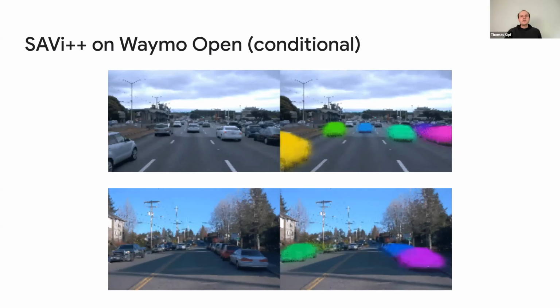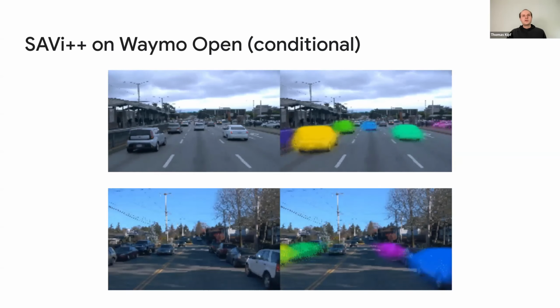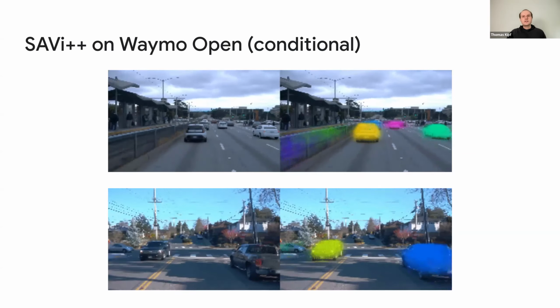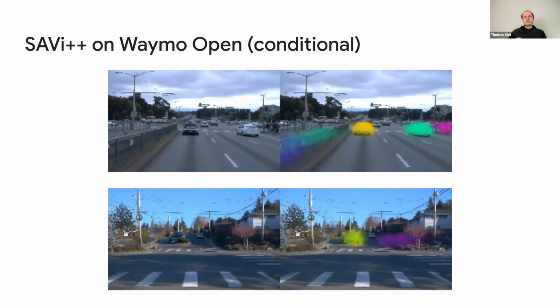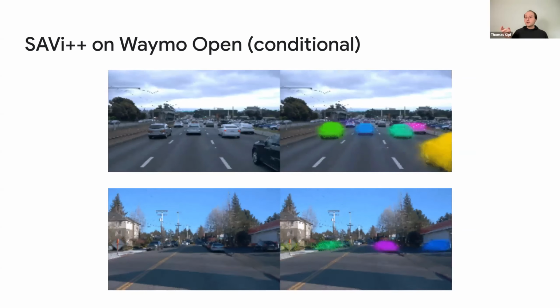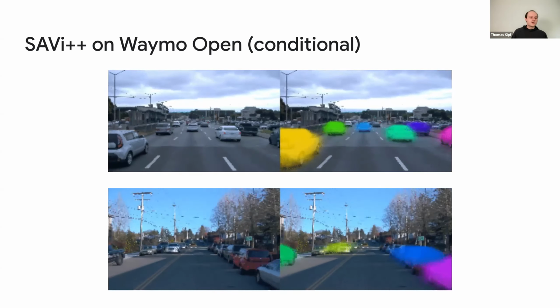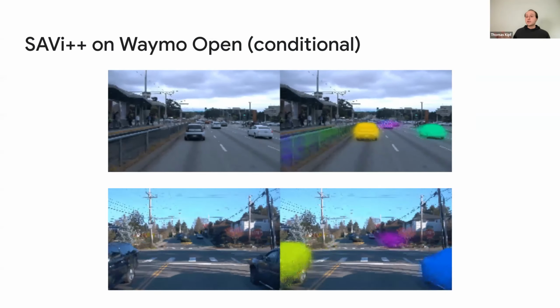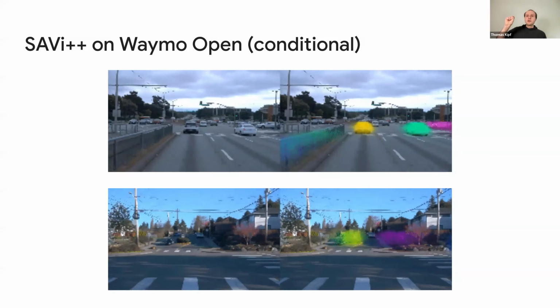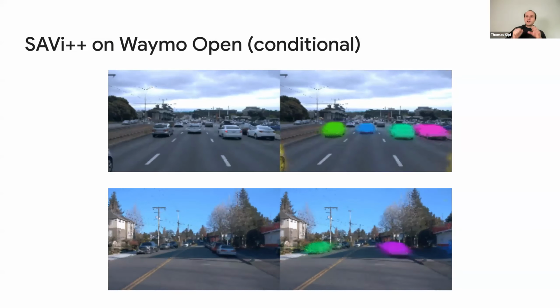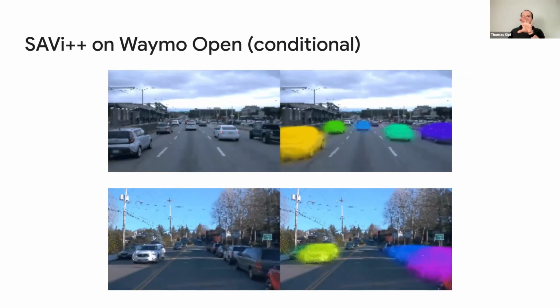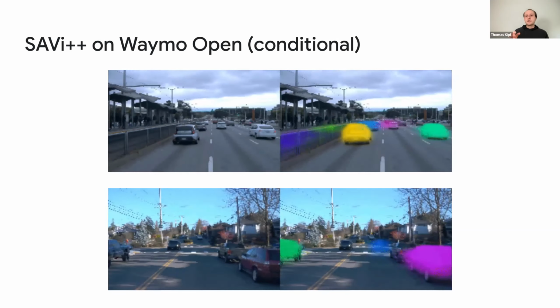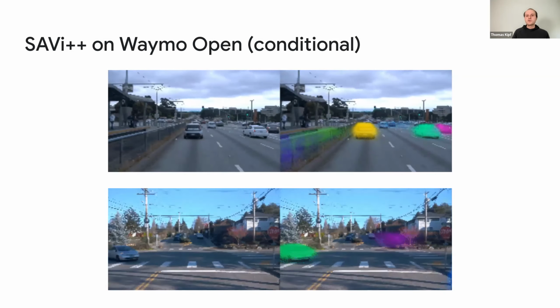Now if we run this model on the Waymo Open dataset, and these are our test scenes here, then this is roughly what we get if we train the model in a conditional setup. Conditional here really means that we use bounding boxes as initialization for those slots, and then the model learns to bind this bounding box information to the respective car in the input and approximately track it and segment it over time.